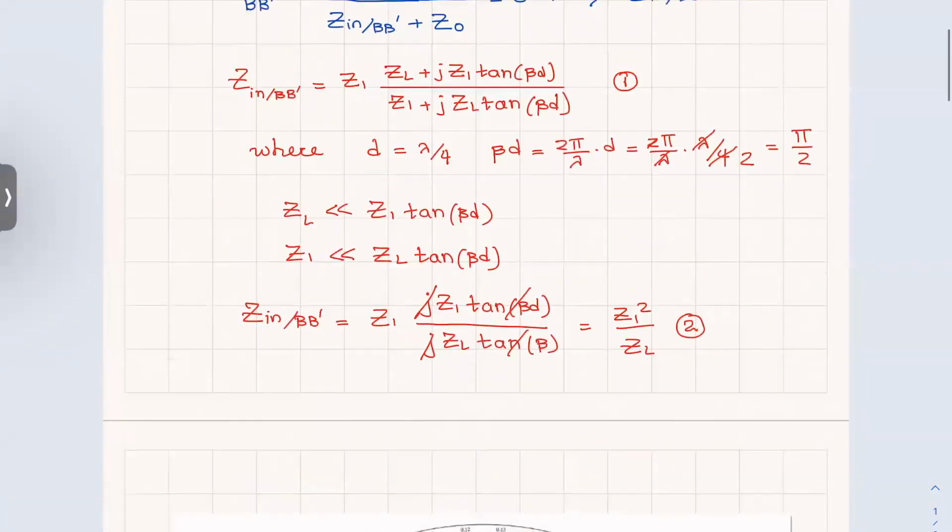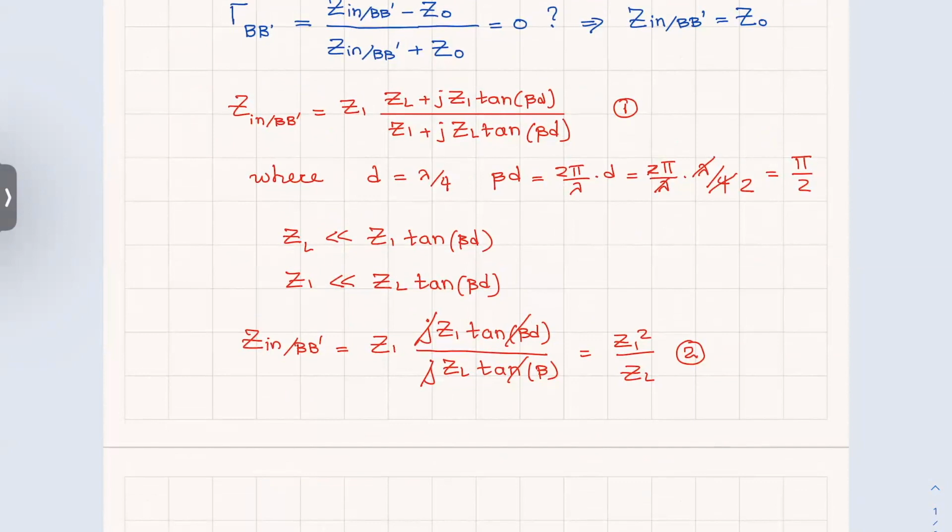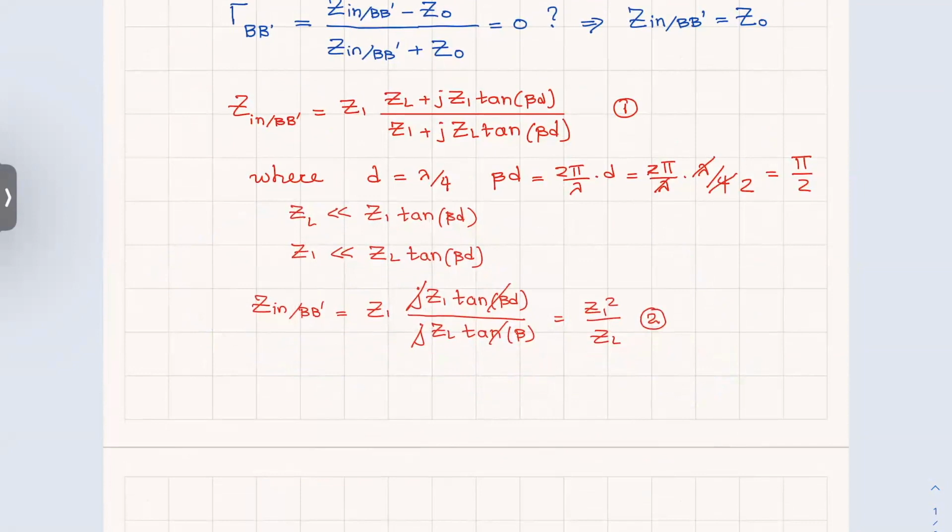Therefore, if I go from that to 2, I want to put everything on one page, so let me move them a little higher up. Okay, then from 2, now I can put Z input at B prime equal Z naught is equal to Z1 squared over ZL.